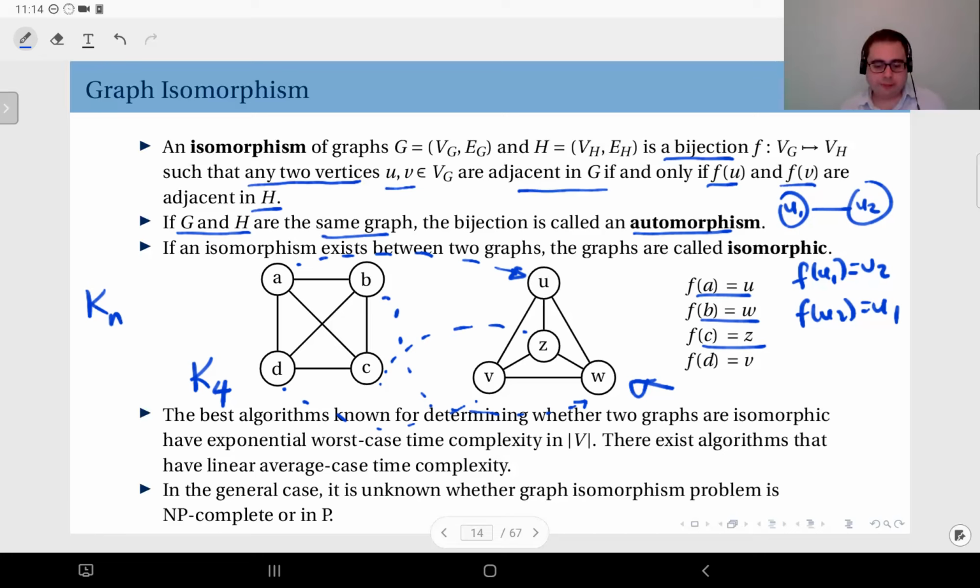So A and B are neighbors. Similarly, U and W are neighbors too. D and B are neighbors. Similarly, W and V are neighbors too.